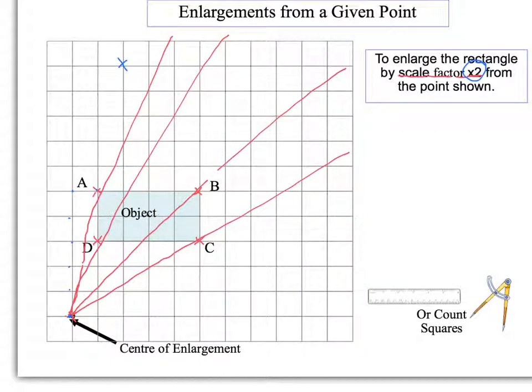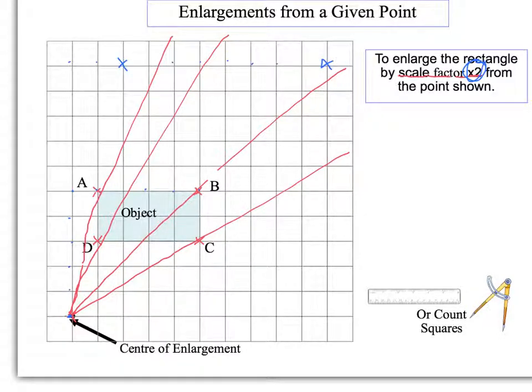Going to B, I want to go 5 up and 5 across to the right. So 5 up, 5 right, double that, twice as large. It's 10 up and 10 to the right.